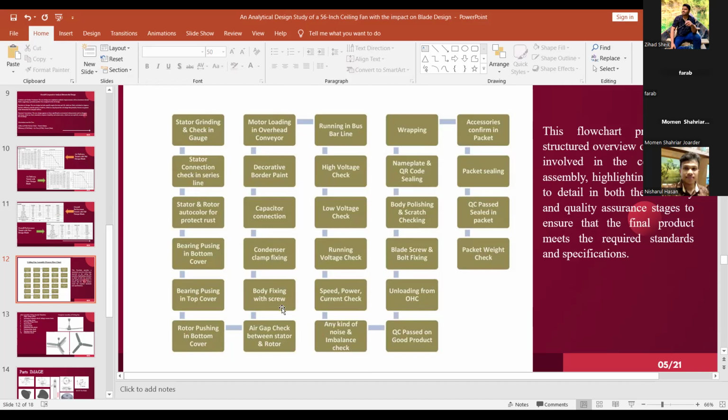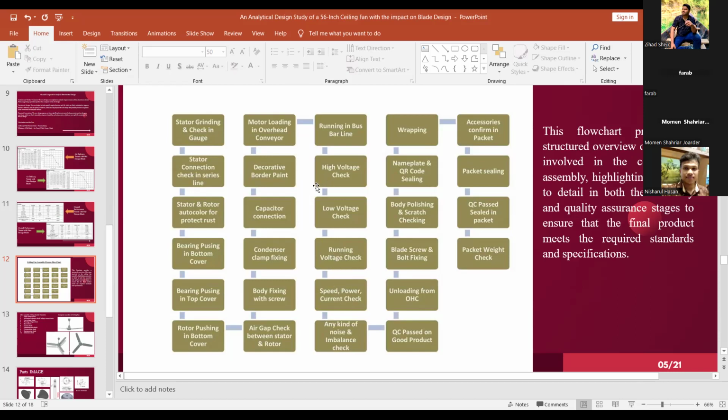After that comes body fixing with screws, then clamp fixing, and after the capacitor connection is done, if they have a decorative option, we can paint the body. Then the motor is loaded onto the conveyor, passes through the running-in bus line, and then we do the high voltage check, the low voltage check, the running voltage check, and the speed, power and current check.